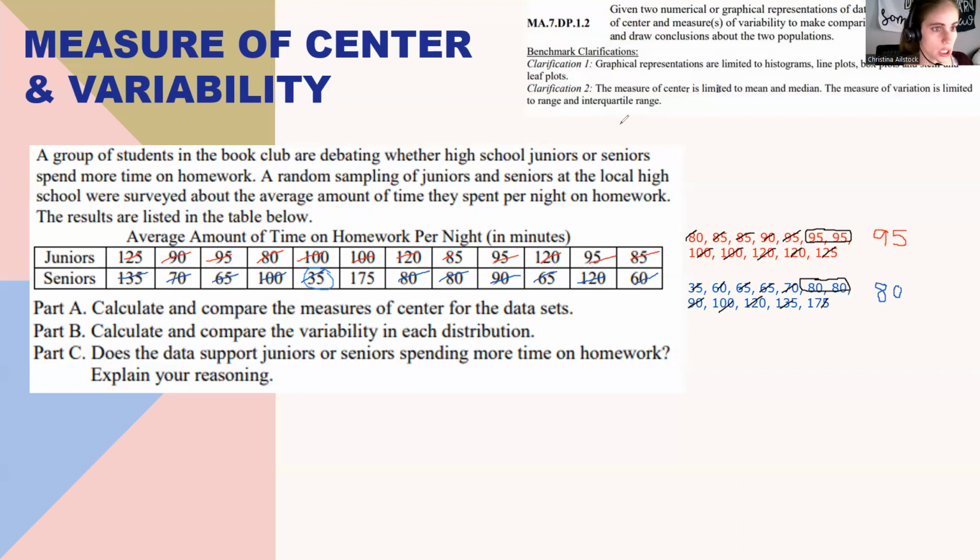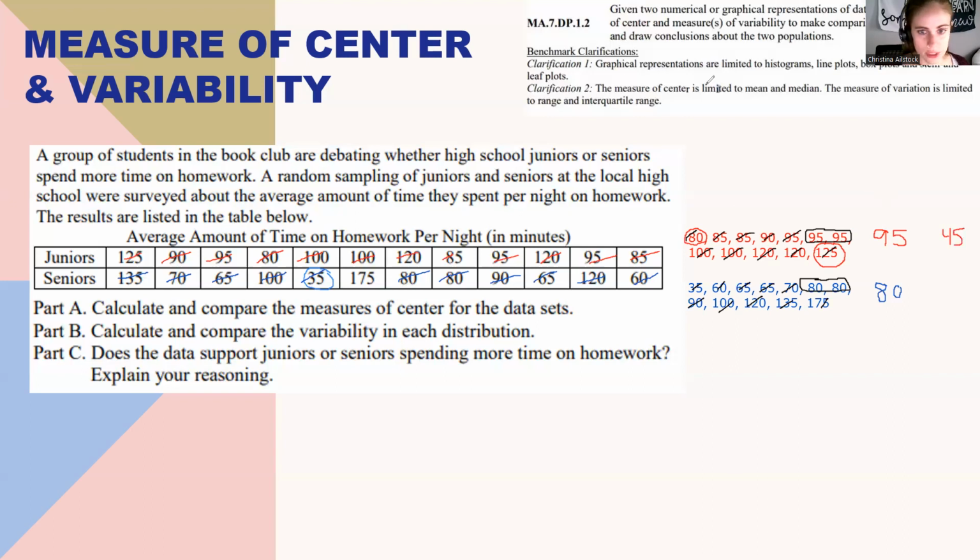So if we come here to our juniors, which are in red, we have our largest, which is 125, and we are going to subtract from that our smallest of 80. So 125 minus 80 is 45.